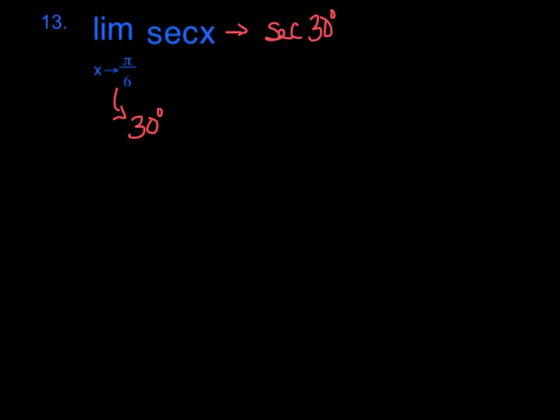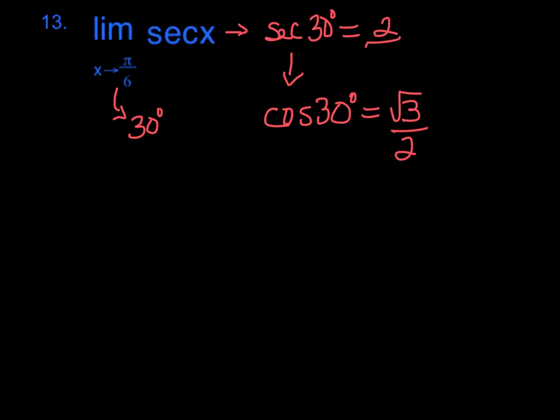Well, off the top of my head, or maybe your head, you wouldn't know what the secant of 30 degrees is. But remember, it's a reciprocal trig function. The reciprocal trig function of secant is cosine. So we should know what the cosine of 30 degrees is. That's radical 3 over 2. So now if the cosine of 30 is radical 3 over 2, then the secant of 30 would be its reciprocal, because they're reciprocal trig functions.